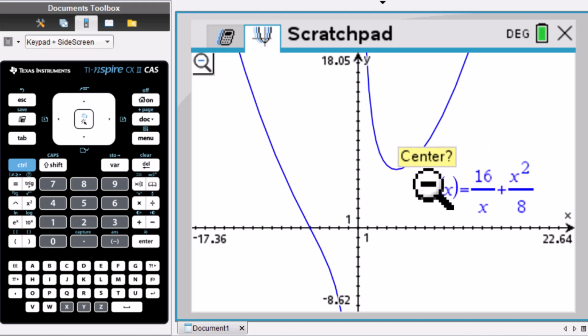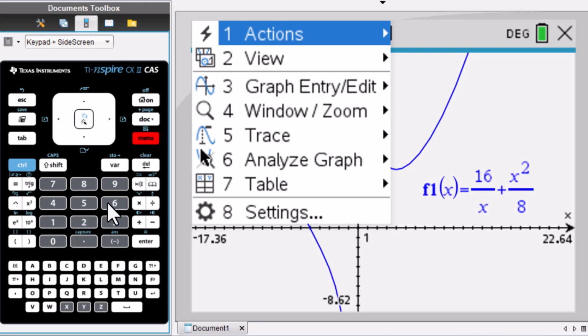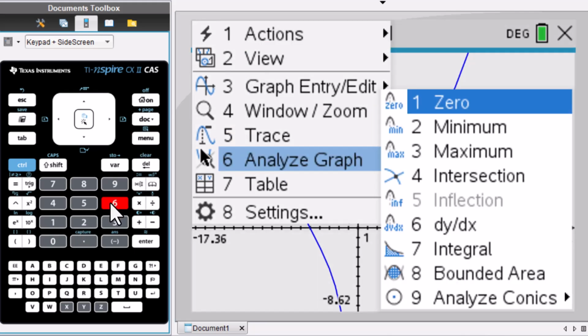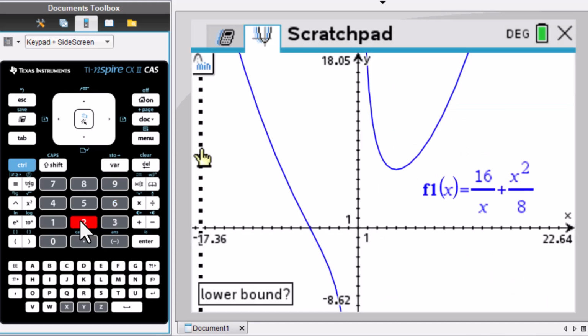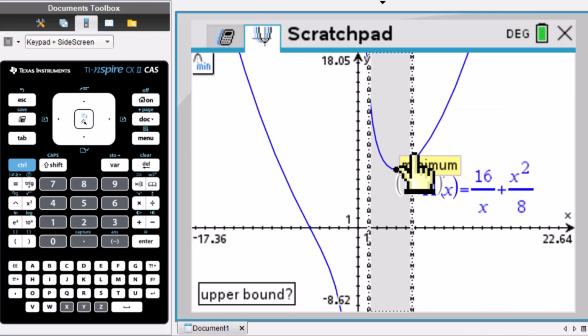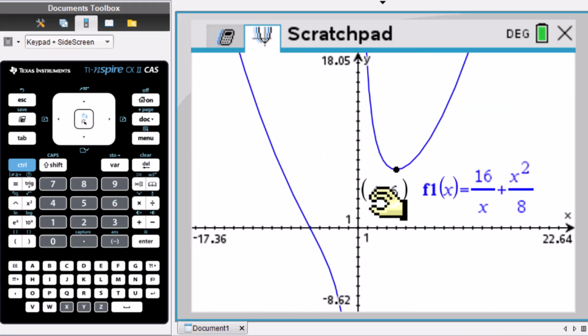On the right side of this minimum value, the graph is going up. Go to menu, 6, minimum 2. We are given 4, 6. So when x greater than 4, the function is increasing.